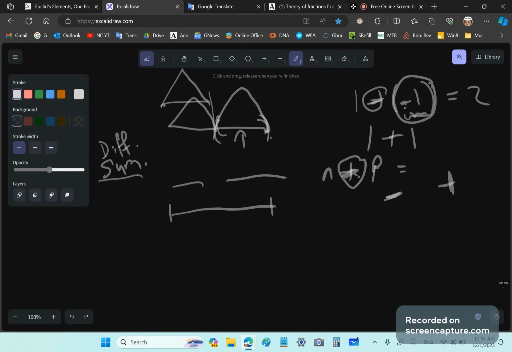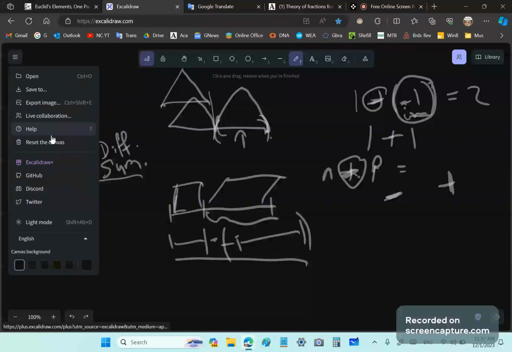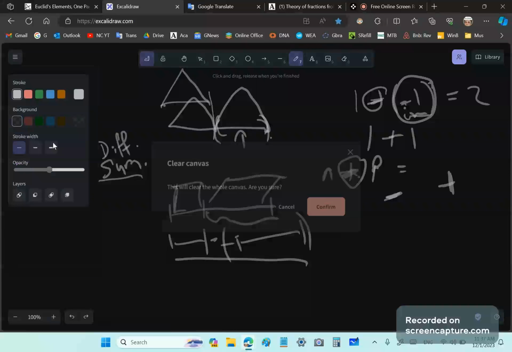So you could have this one and remove the need for this one, and then you'd have the whole line. Difference and sum are the two primary arithmetic operators, with difference being the most primitive because you cannot define difference from sum, but you can define sum from difference.